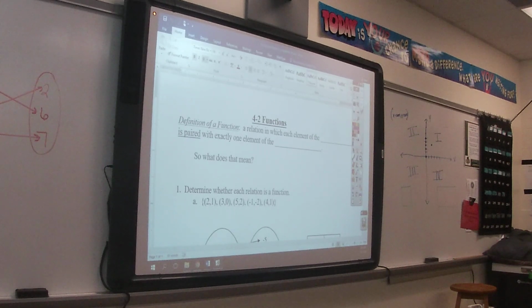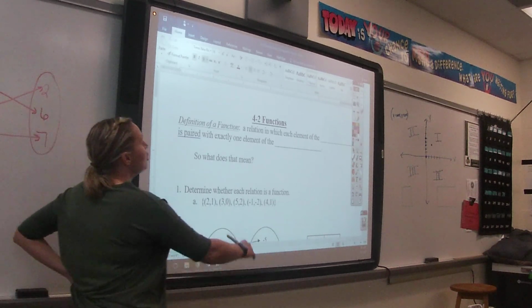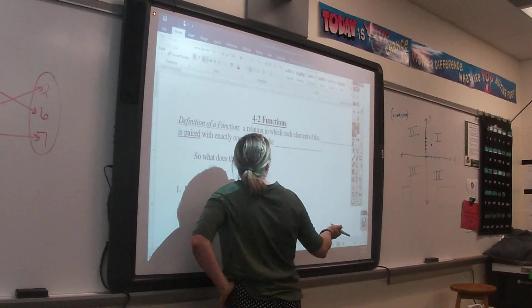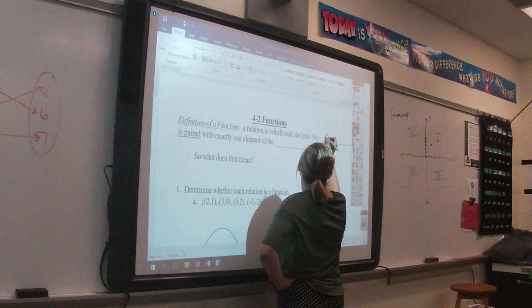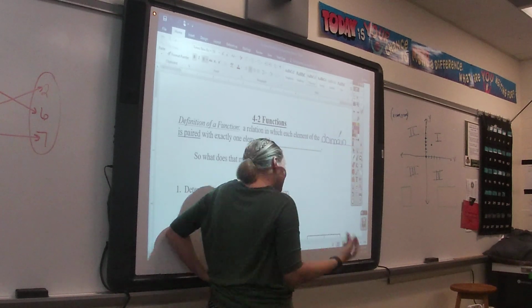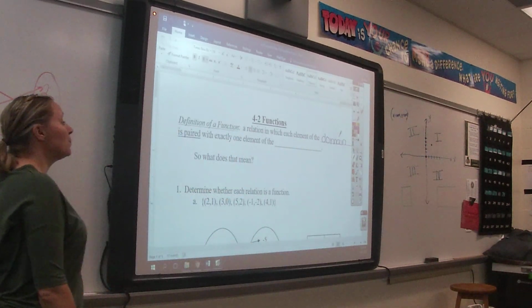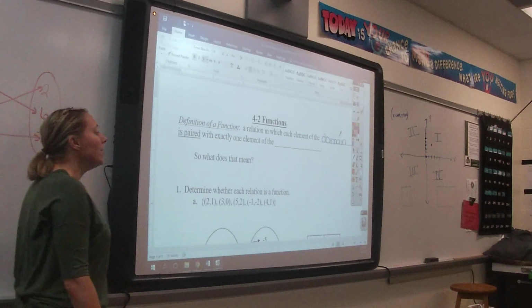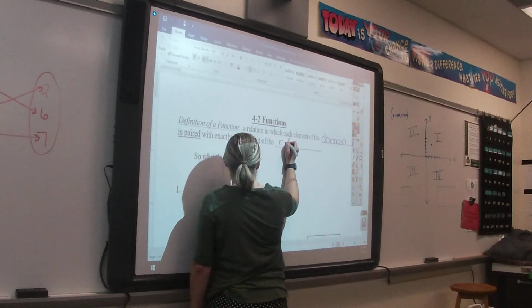Functions are just unique, and there are some extra things that we can do with them, which we'll be working on as we go forward this week. Okay, so a function is a relation in which each element of the domain, so each x value, is paired with exactly one element of the range.